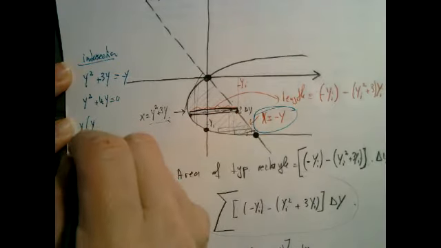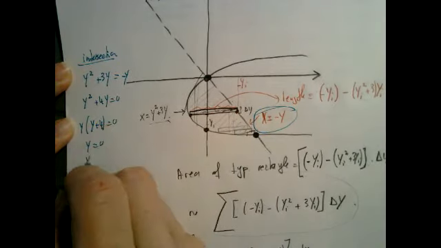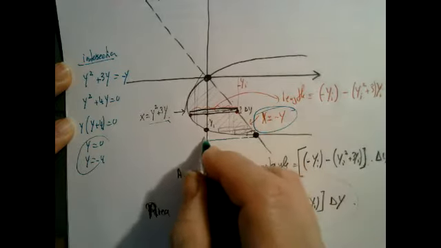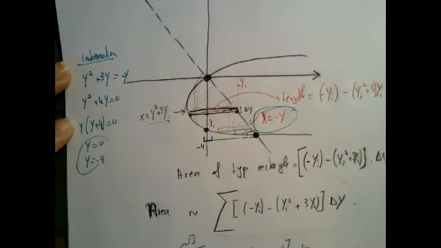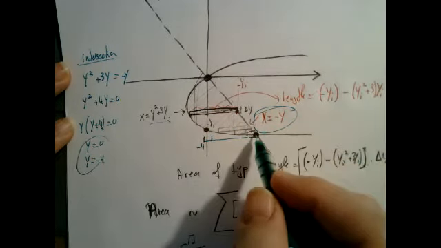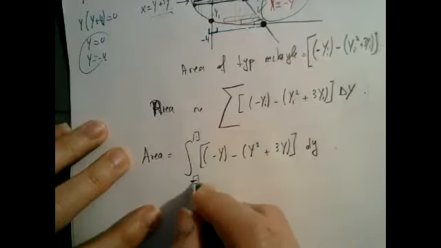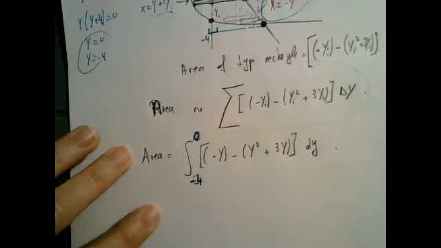Factor out y: y times y plus 4 equals 0, so y is 0 and y is minus 4. So this is right down here, that's the minus 4, and this is the 0. So to cover this region with rectangles, I have to divide the interval from minus 4 all the way to 0.